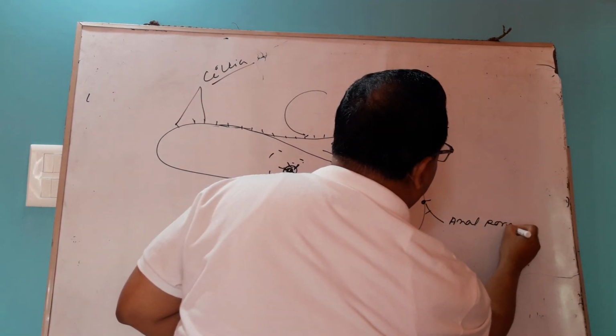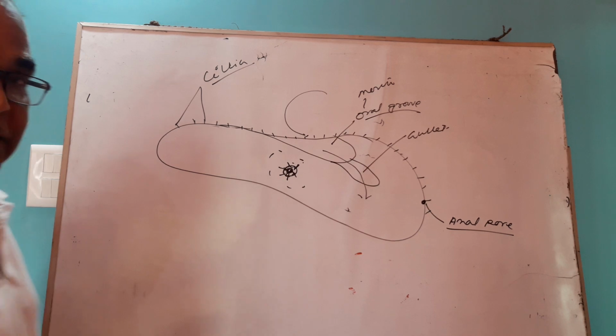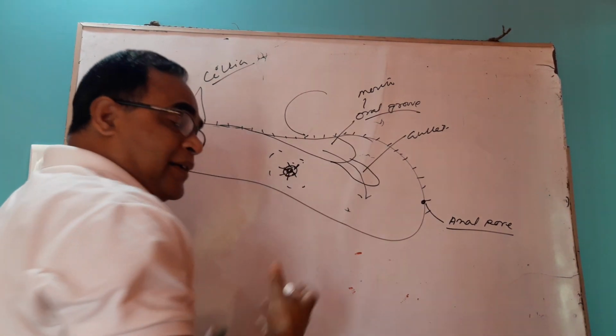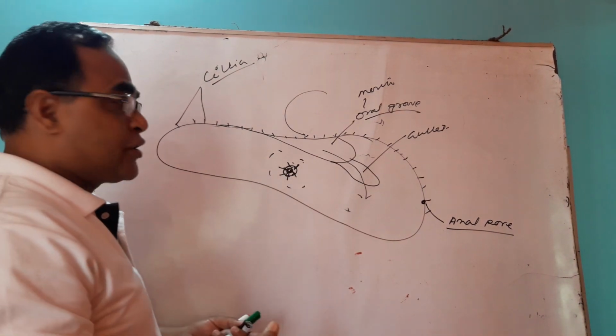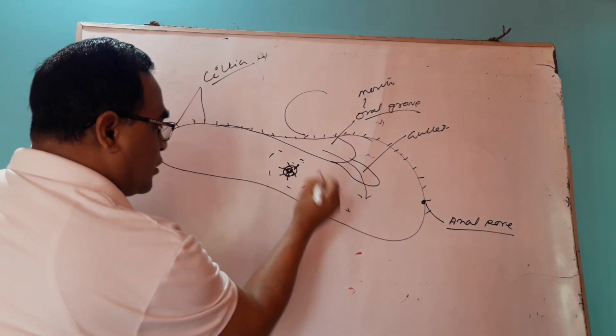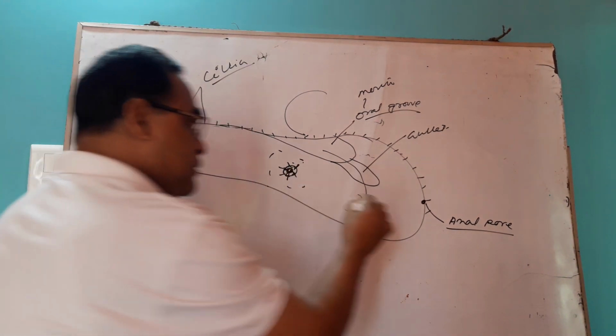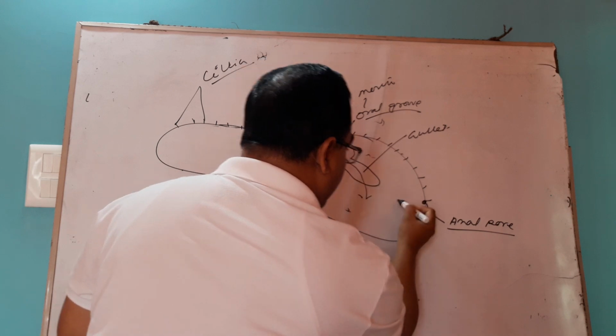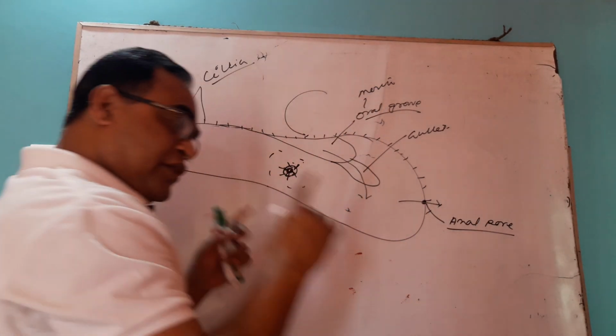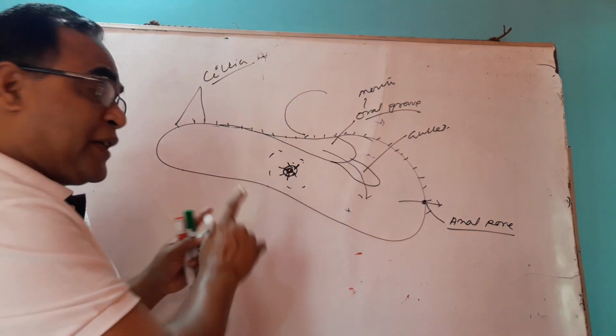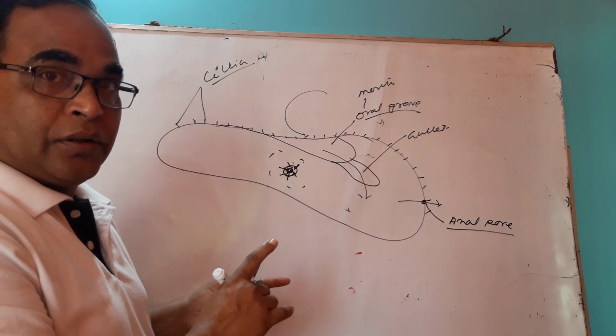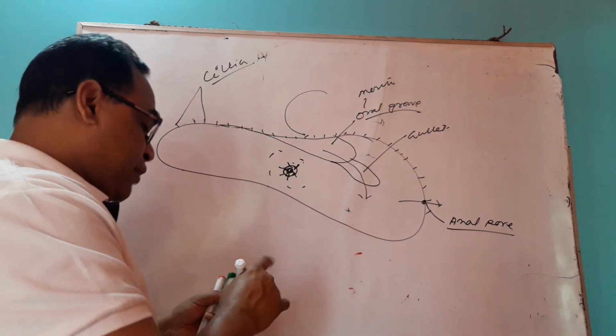In case of amoeba, we see that the removal of undigested food, or ejection, is done from any portion of the plasma membrane, but here it is a particular portion through which the ejection is done. So this is the basic difference in terms of ejection in amoeba and paramecium.